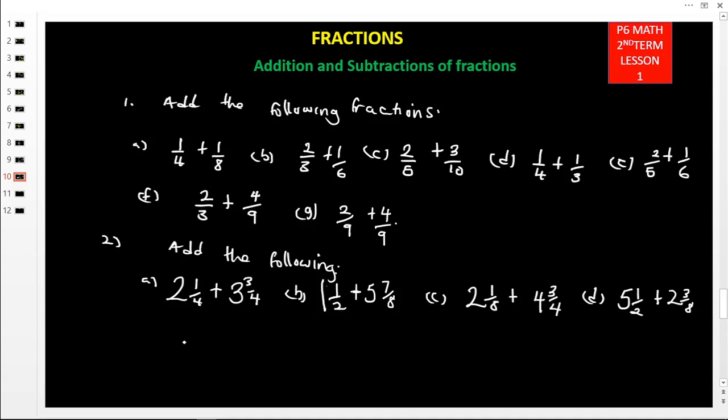Then part E, it is 3 wholes and a third, then plus 2 and a half. Then part F is 3 and a quarter, 3 quarters, plus 9 wholes, 2 and a third.